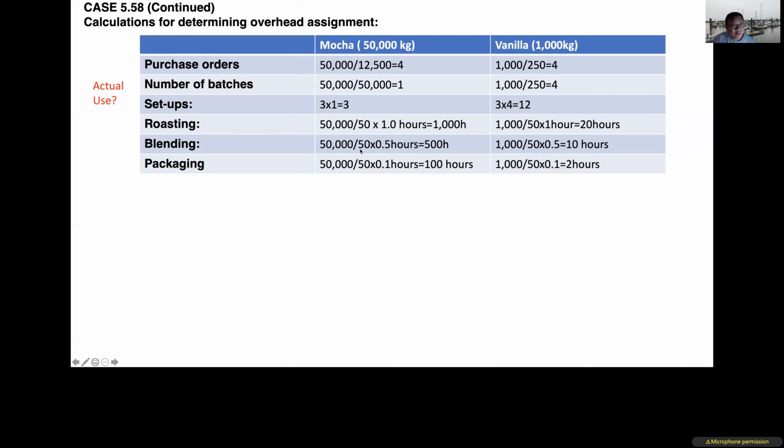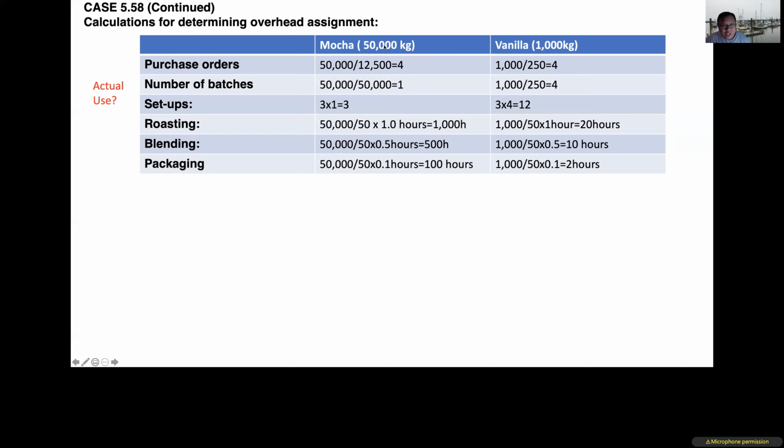Similarly, to blend 50 kilograms you need half an hour, so to blend 50,000 kilograms you need 500 hours. For packaging, you need 100 hours. So this is how we figure out the actual use of the cost drivers.